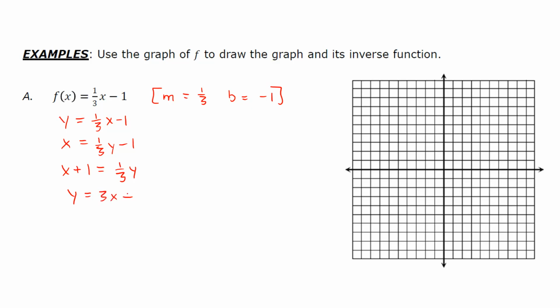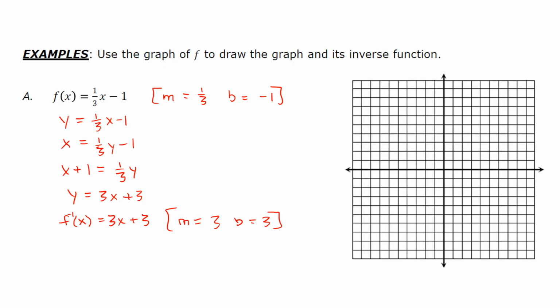So 3x plus 3, and then replace y with the inverse of f. Now the slope of my inverse is 3, and my y-intercept is 3. Okay, so that's one way to do it.